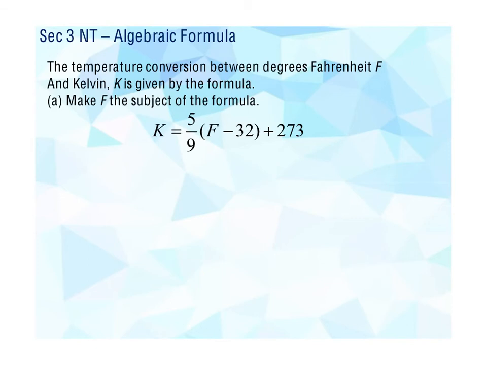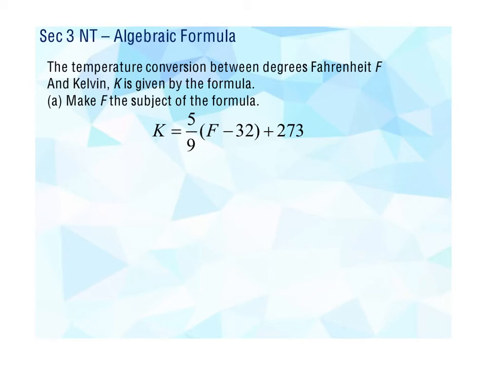Next type of question, now applying algebraic formula to answering questions related to real world. In this example, we have the temperature conversion between Fahrenheit and Kelvin, where K is the subject. The formula is K equals 5 over 9 multiplied to the whole of F minus 32, then I add another 273.